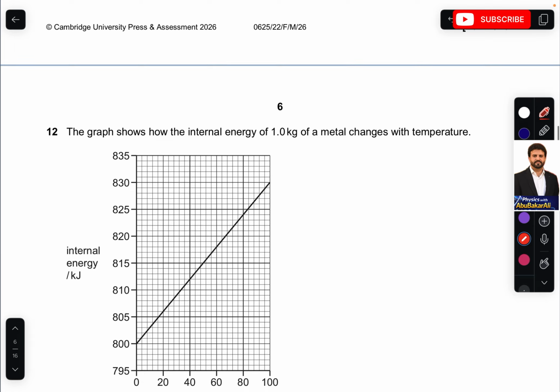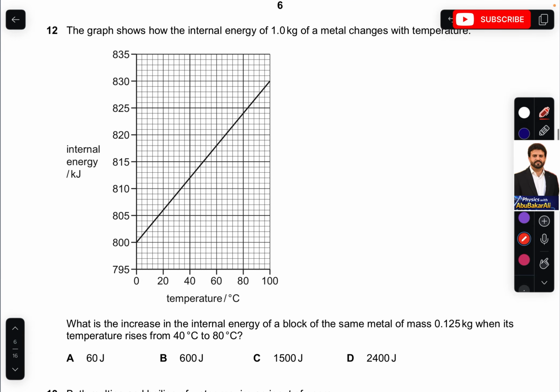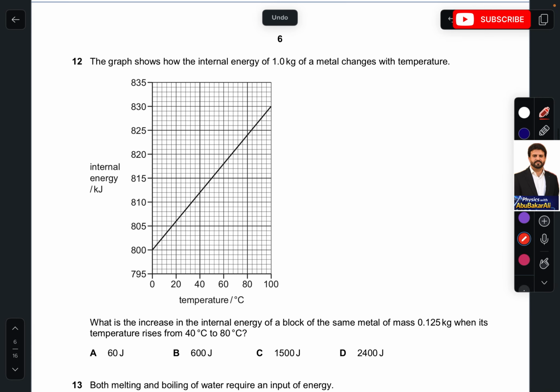Moving forward, question 12. The graph shows how the internal energy of 1 kg of metal changes with temperature. Okay, what you have to do, this is for the 1 kg of metal. What is the increase in the internal energy of a block of the same metal of mass 0.125 kg when its temperature rises from 40 to 80?